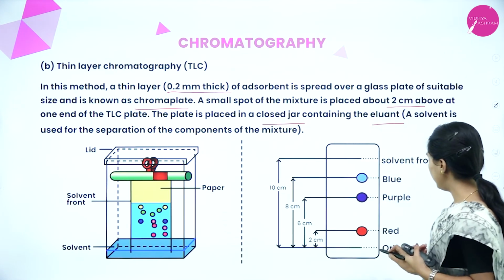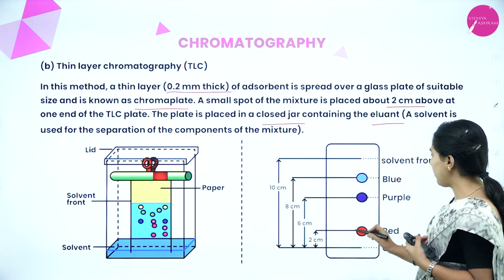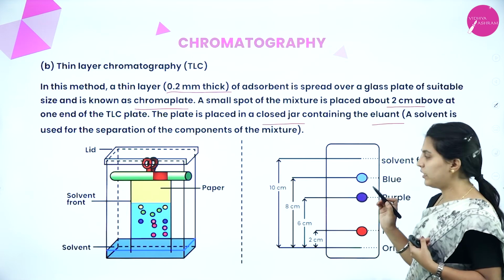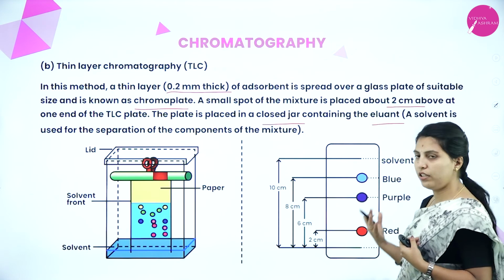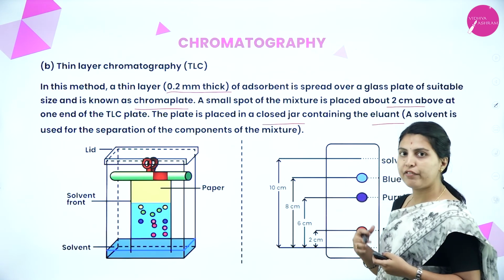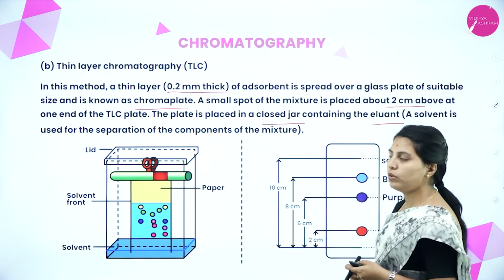See here, this is the origin where the dot has been given, and the separation can be seen at 2 cm, 6 cm, 8 cm and 10 cm. This is the solvent front you are seeing. Okay, that is how the components get separated from the mixture. This is called thin layer chromatography.